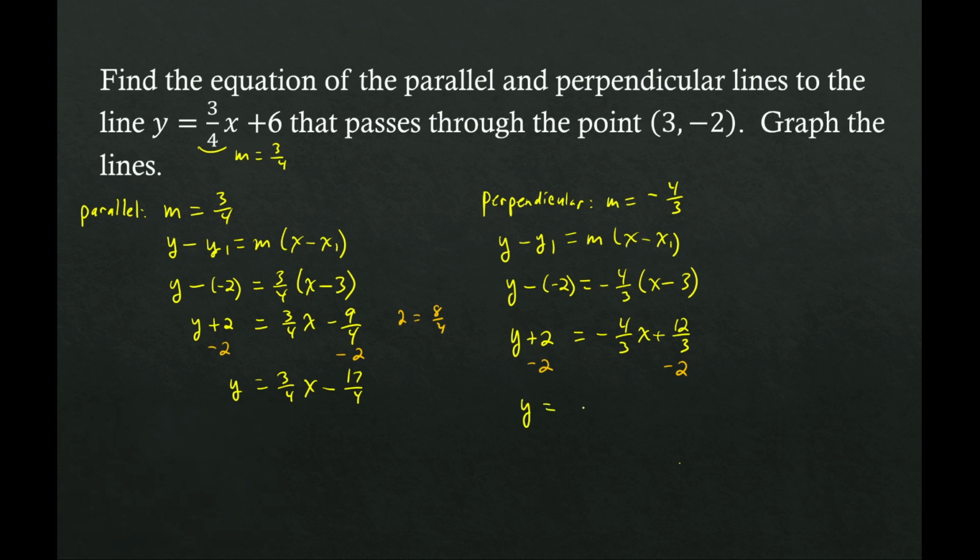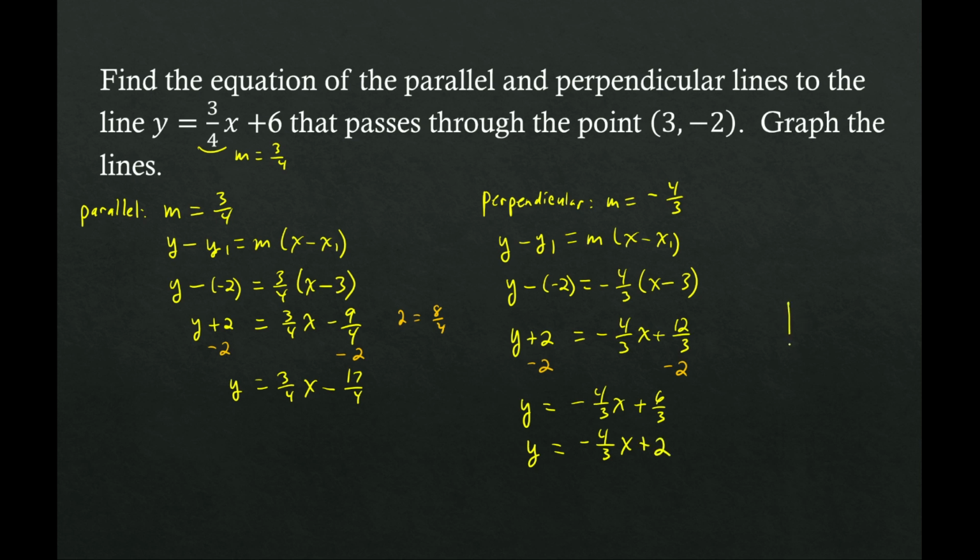So we'll get y equals negative 4/3 x, and 12/3 minus 6/3 will end up giving us a plus 6/3, which is the same thing as 2. So we end up with negative 4/3 x plus 2.